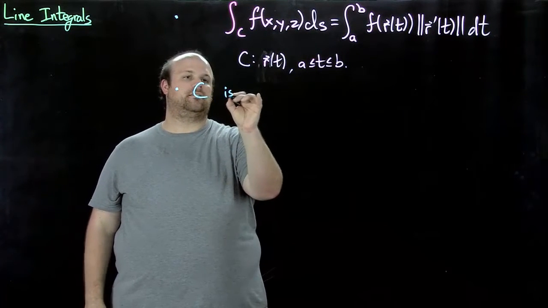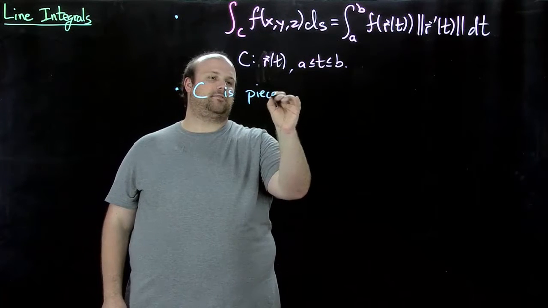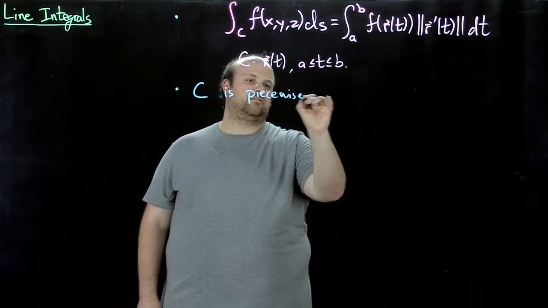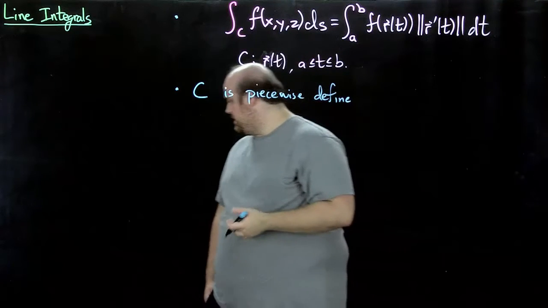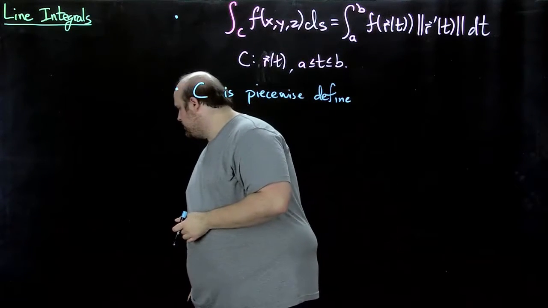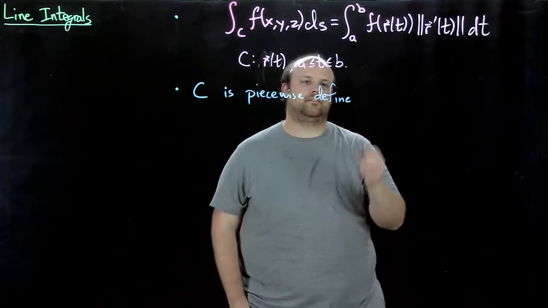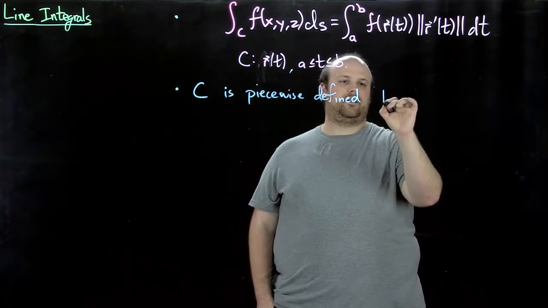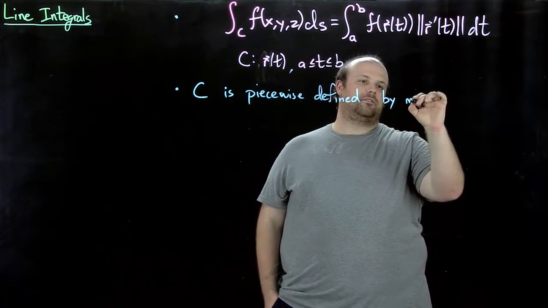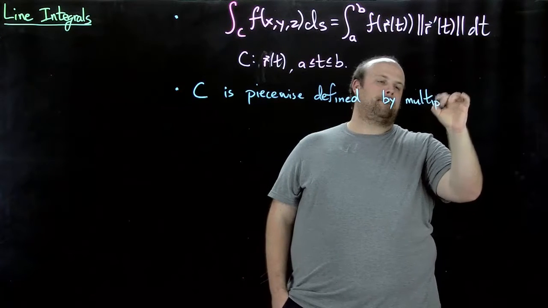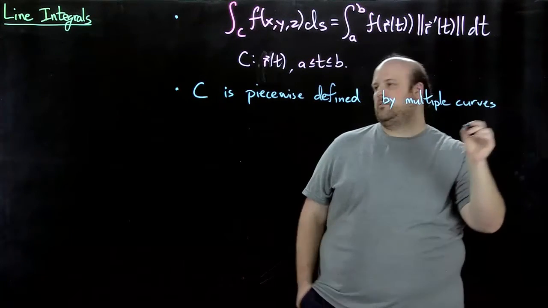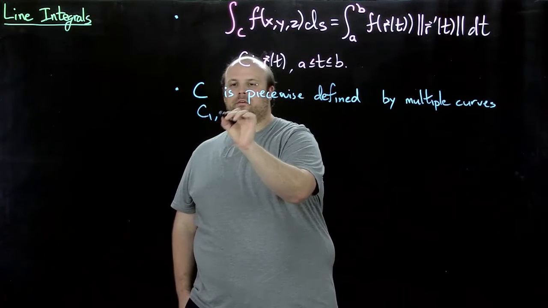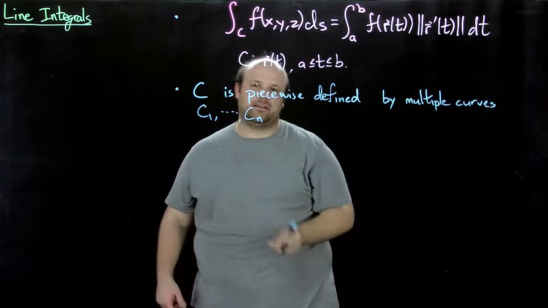So C is piecewise defined as, what's a good notation for it? Let's say defined by multiple curves, C1 through Cn. Right?